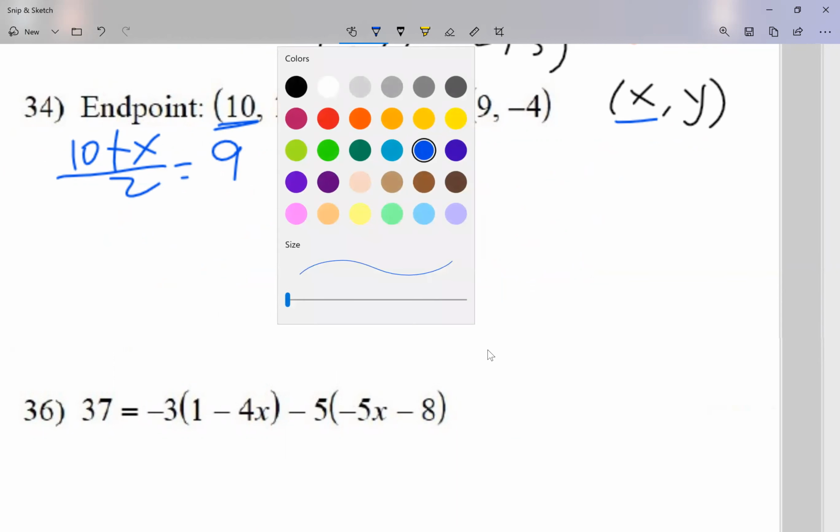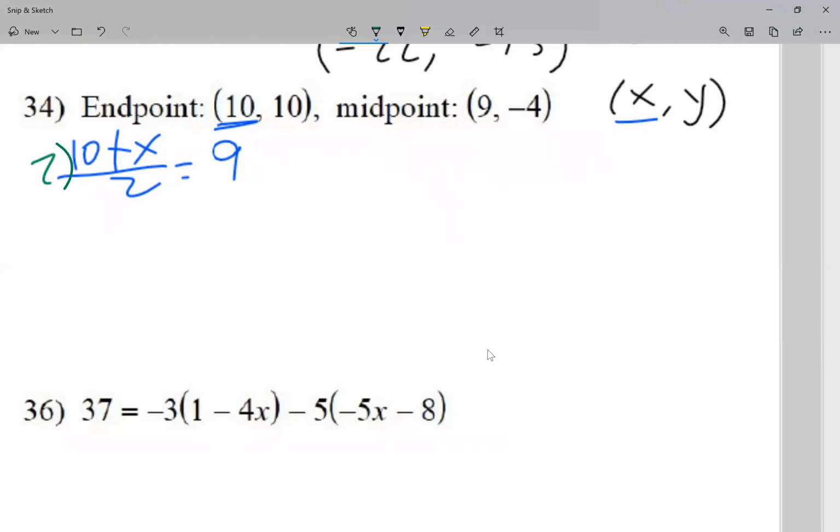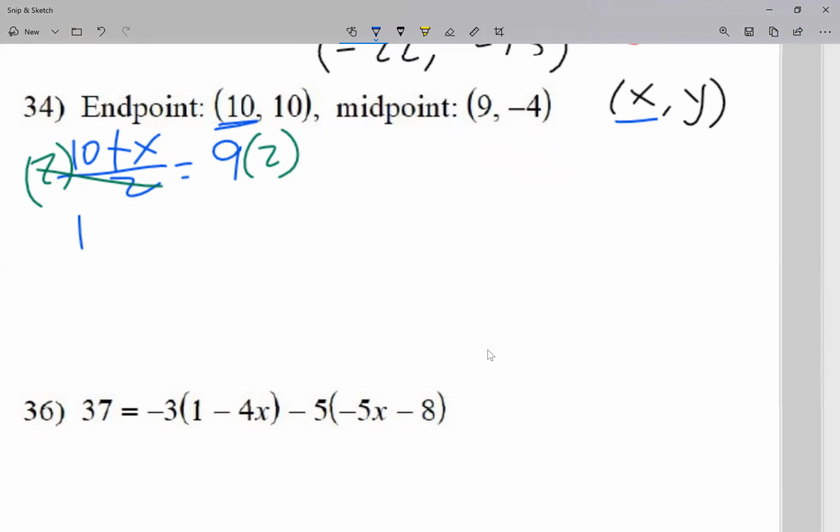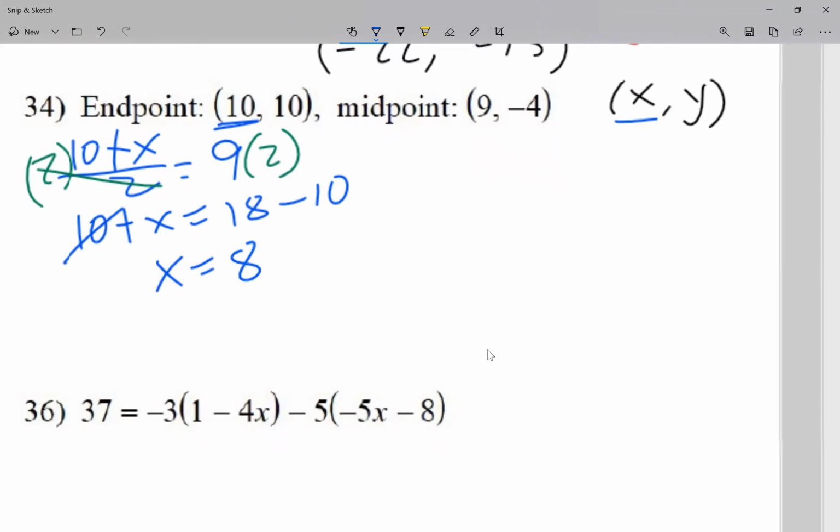Don't want to have fractions, so let me multiply both sides by 2. So I get that 10 plus x is equal to 18, right? 9 times 2 is 18. The positive 10, let me move it over as a minus 10. So I get x is equal to 8.